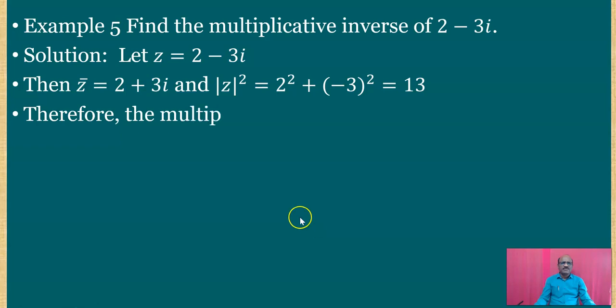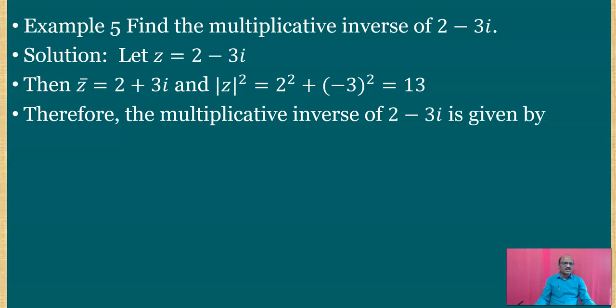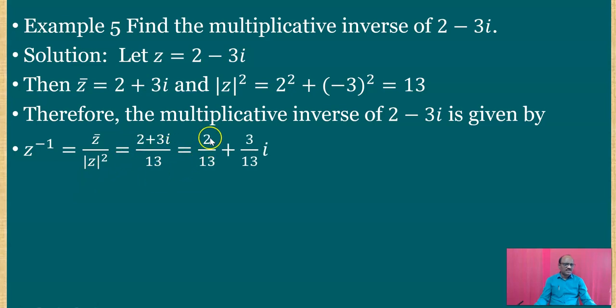Therefore, the multiplicative inverse of 2 minus 3i is given by z raised to minus 1 is equal to z bar upon mod of z square, that is equal to 2 plus 3i upon 13, that is 2 upon 13 plus 3 upon 13 i.